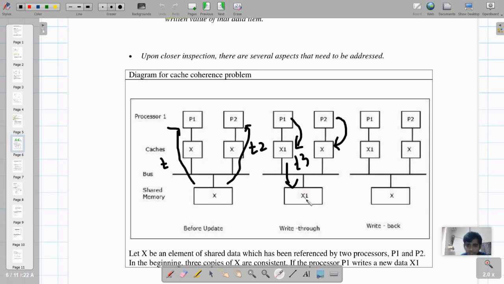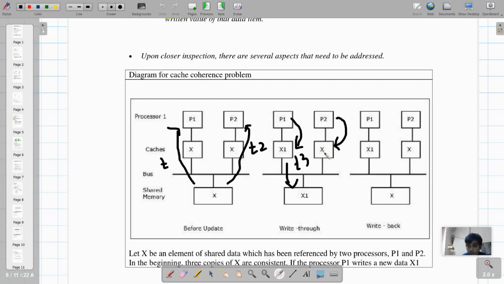However, after this, if processor P2 makes a request for this data item, it will not have access to the latest value, which is X1 now. Why? Because there will be no cache miss. Processor P2 will be able to find the data item in its own cache.